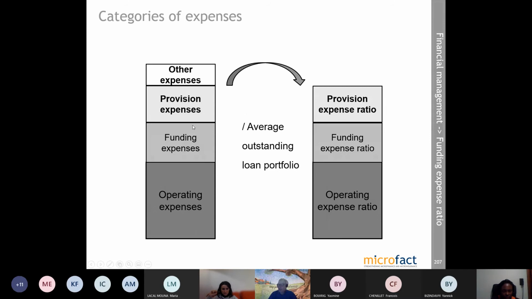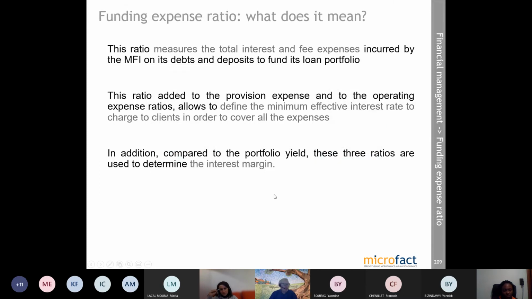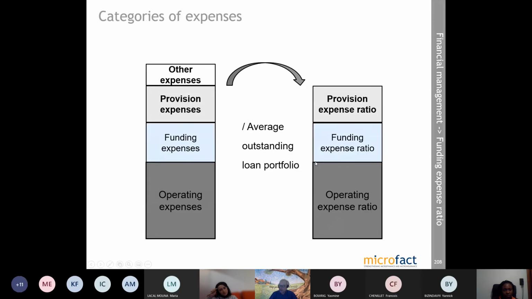So here we have the three groups, funding divided by, we are talking about this one now. So now I've discussed the three of them. So here we take into account all interest and all fees of the MFI that they're paying on debts and deposits. So when we take now all of these three costs, you remember when the funding expense is 5%, your colleague told us in the beginning, if you have 100 of a loan, you have to pay 5 on funding expenses when it is 5%.